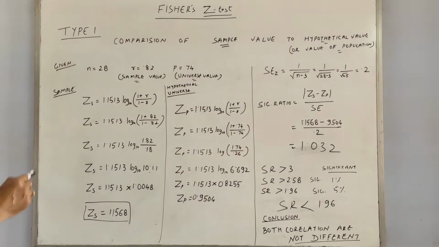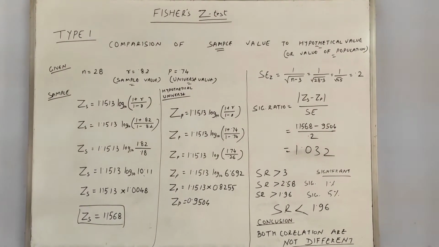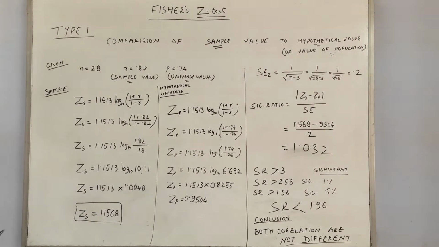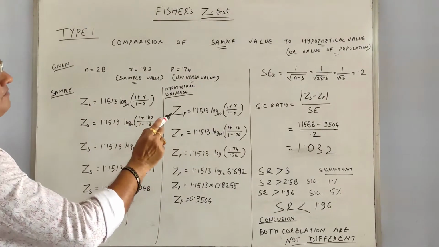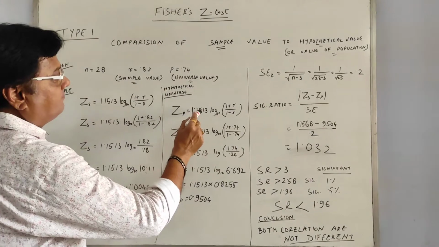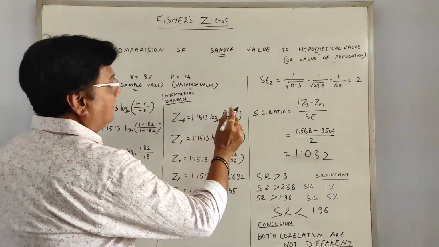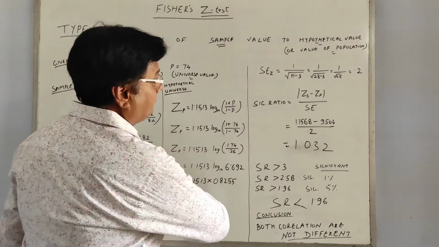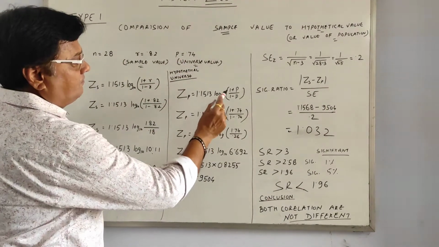How to take the log value, you already know from your business mathematics, and here also I had already explained it through the table. So now coming to the hypothetical value. For the hypothetical value, Zp is 1.1513 log of (1 plus P) by (1 minus P). This P we have to take, and we have taken 0.74.